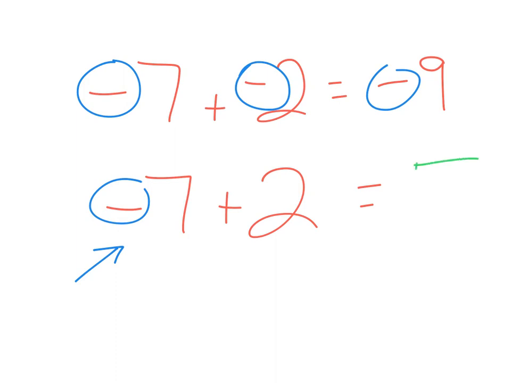So our answer here is going to be 5, since 7 minus 2 is 5. But because our larger value, which is the 7 here, was negative, so is my answer. So my answer is negative 5. And don't forget, you can always take a second look at it by thinking of that money scenario that we talked about.